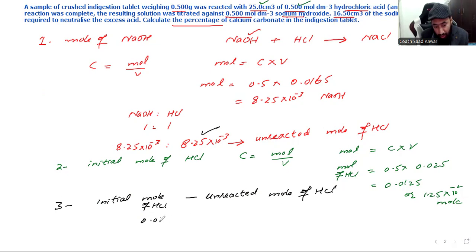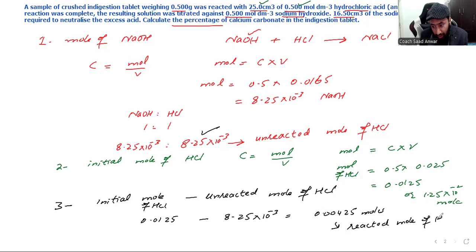Initial moles is 0.0125 and unreacted moles of HCl is 8.25 into 10 raised to power minus 3. So this will give you used or reacted moles. Note down this. This is the reacted moles of HCl. Reacted with what? Reacted with calcium carbonate present in the indigestion tablet.